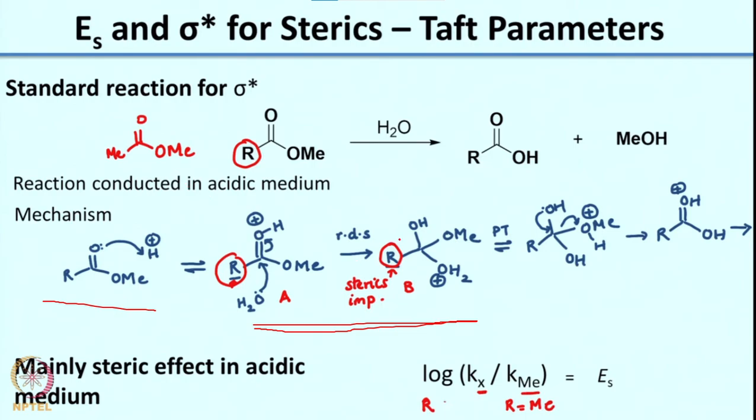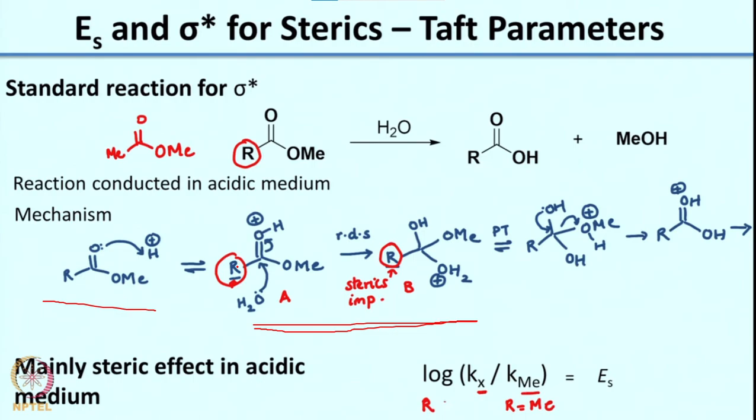The reaction will proceed, and the protons present on this methyl group will affect the reaction. It will create a steric hindrance. So from this you can conclude that if the R group is bulkier or larger, it will affect your reaction by steric hindrance. So here steric is important, right?